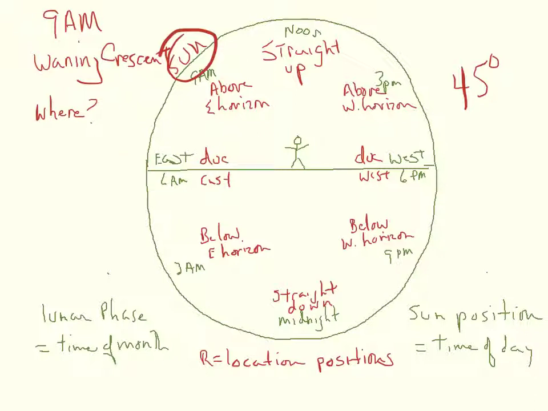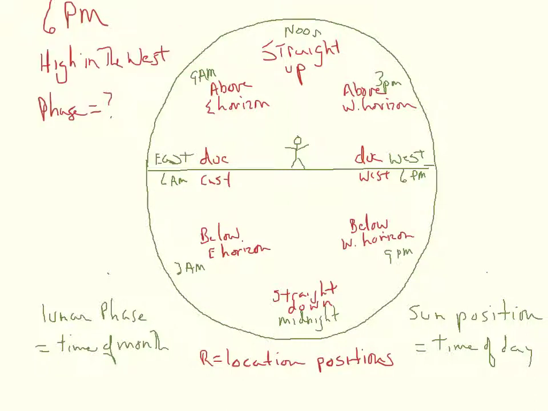It's either rising in the east or it's straight up. Waning crescent means the sun has got to be to the left of the moon. So if the moon is here and I go left, well, there's the sun. So that means the moon is straight up.